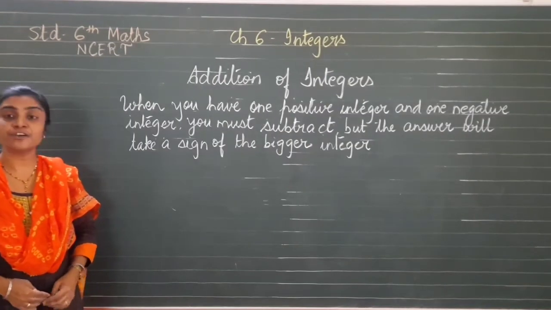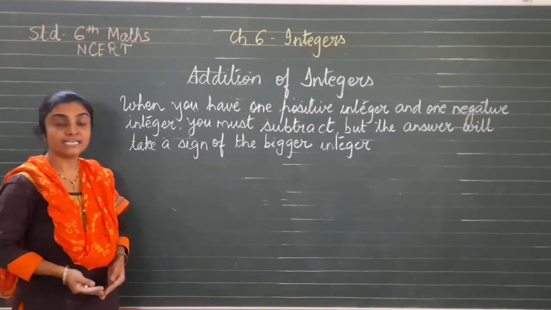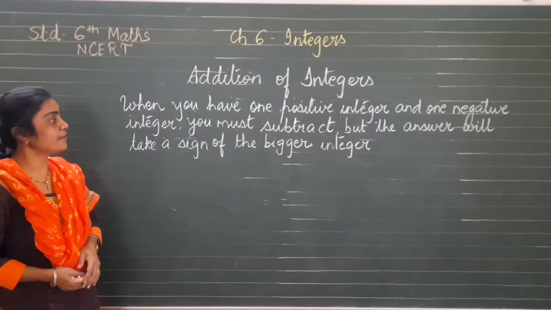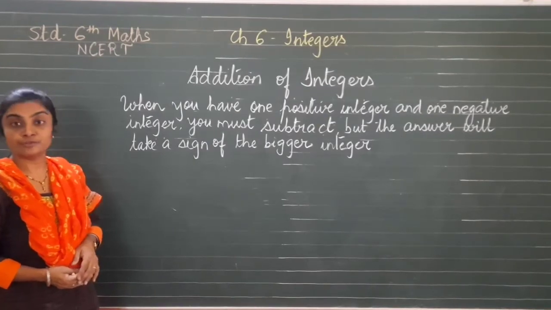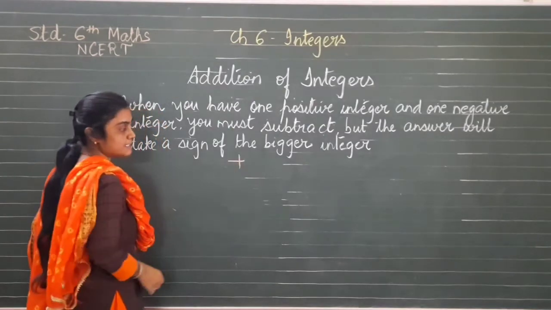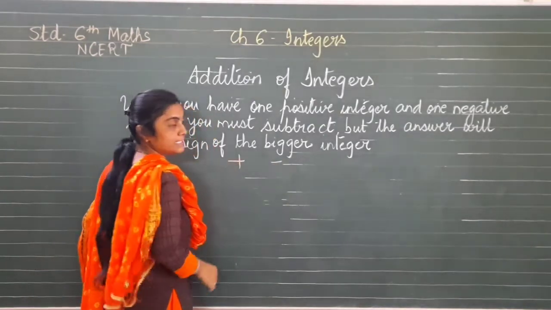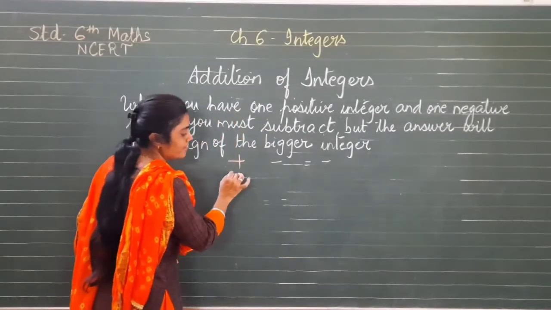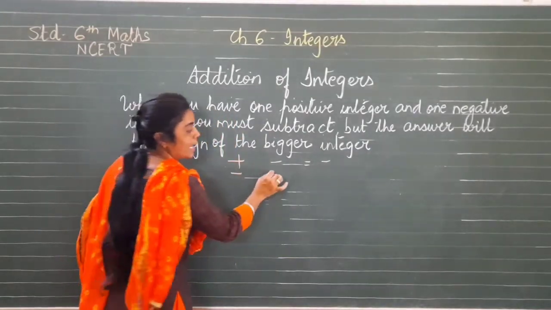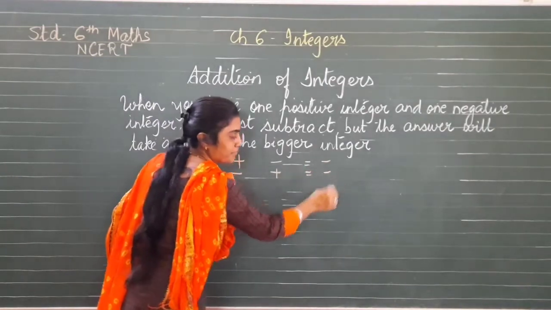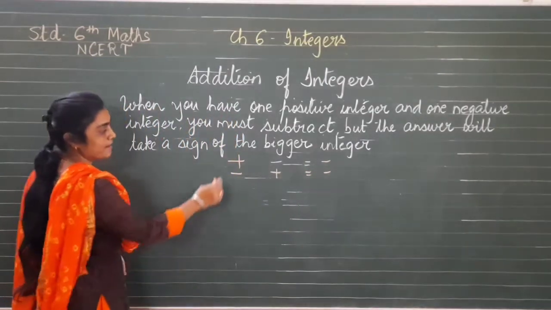Now addition of integers having opposite signs. When you have one positive integer and one negative integer, what do you have to do? You have to subtract. When one integer is positive and the other is negative, you have to do the subtraction. Let us have a look at an example.